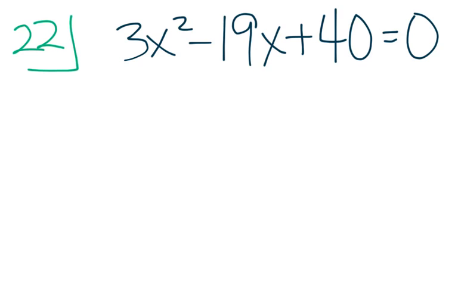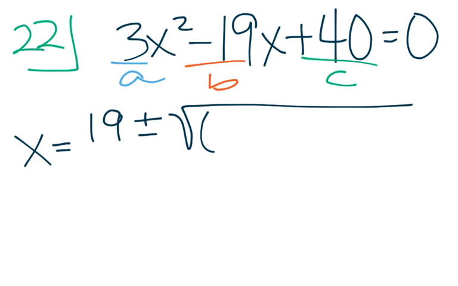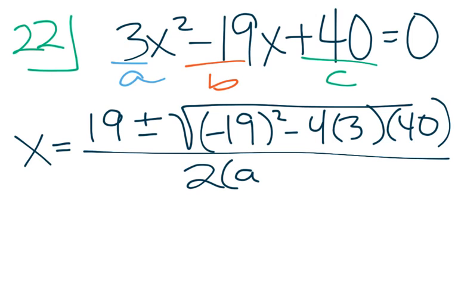Okay, 22, we have A, B, and C. So x equals opposite b, which is positive 19, since b is negative 19, plus or minus the square root of b squared minus 4 times a times c over 2 times a. Whoops. Since a is 3, we're going to plug in 3.